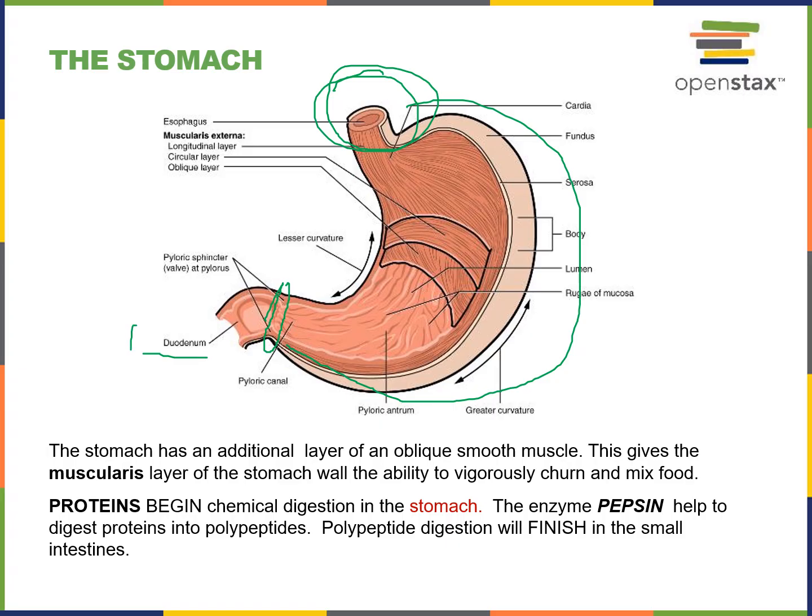The beginning of the small intestine is called the duodenum. There are 3 parts to the small intestine, and you need to know the correct sequence in which these parts are named, because that's the sequence in which the food will travel through.